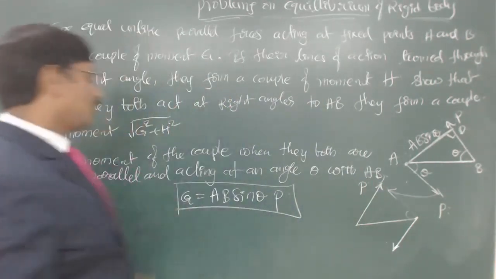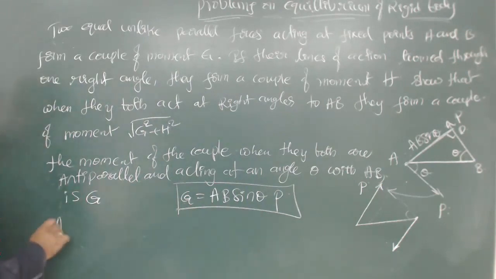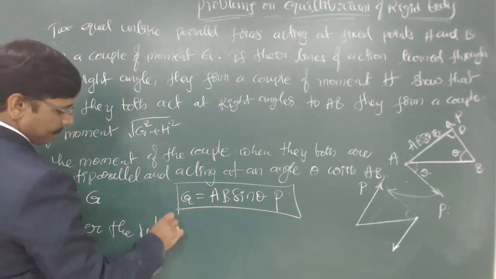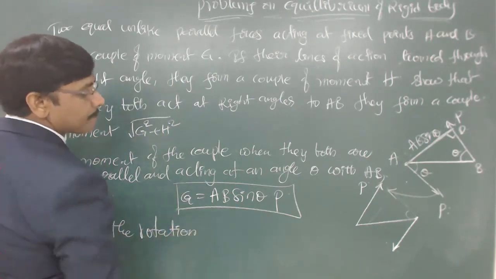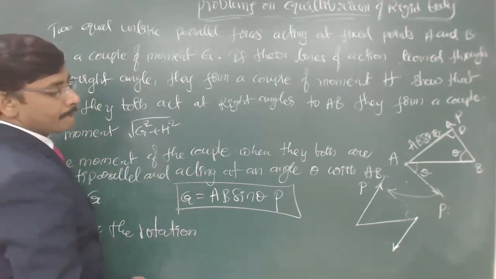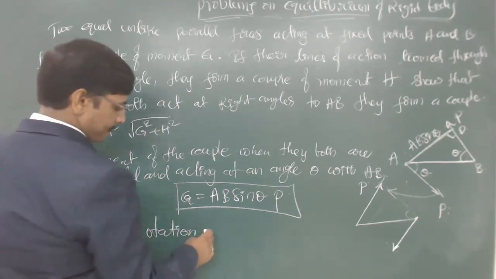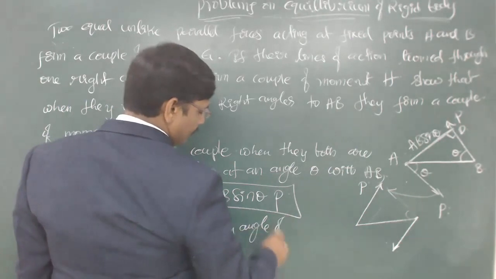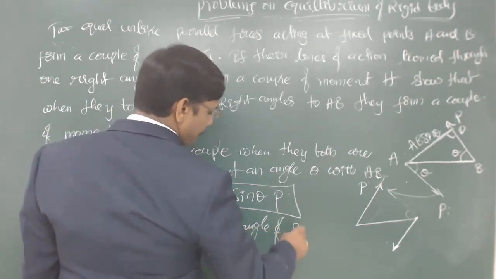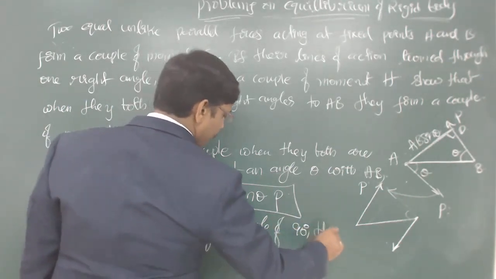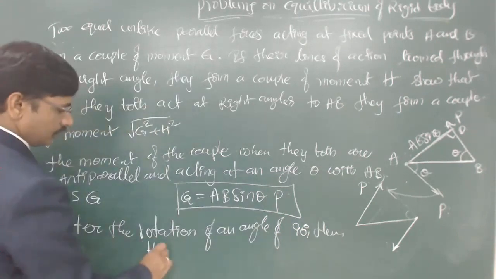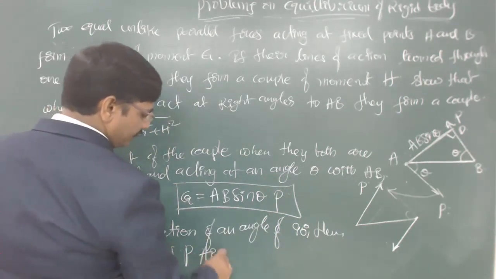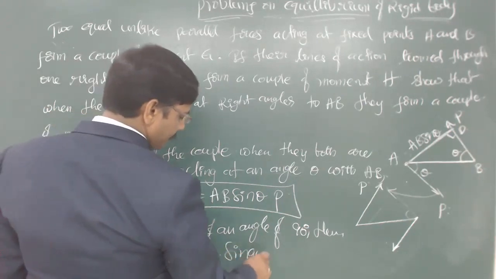That means now the new couple, when rotated by an angle of 90 degrees, H is equal to P into AB sine of 90 plus theta.